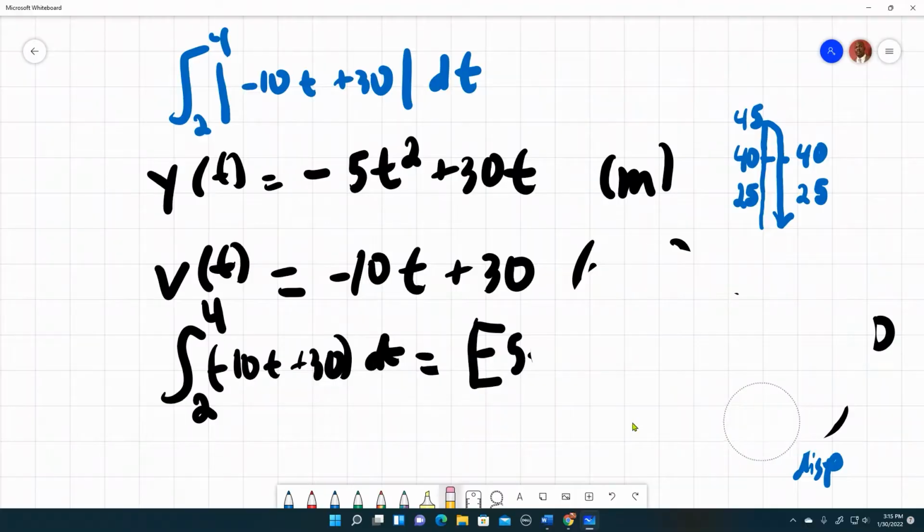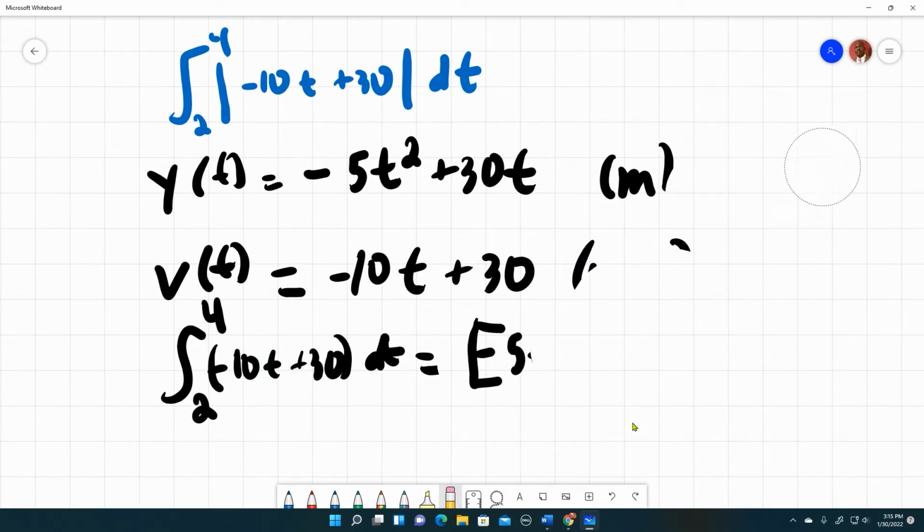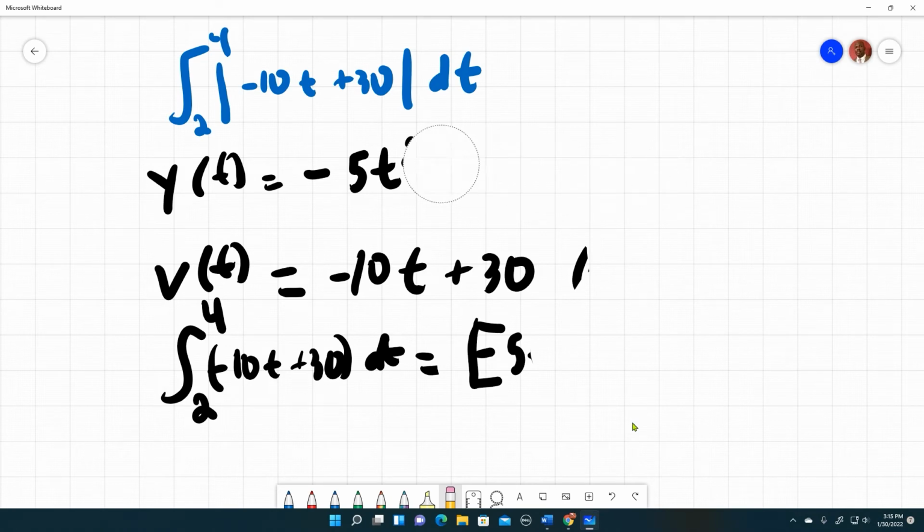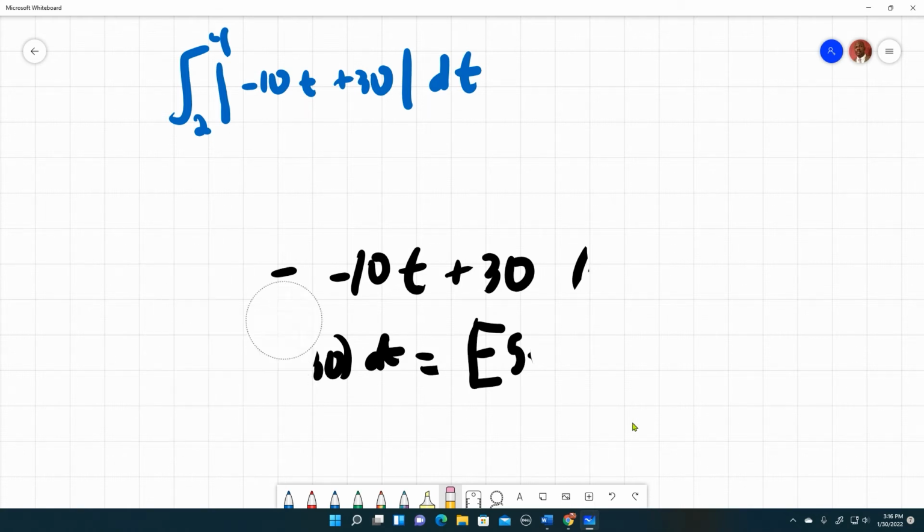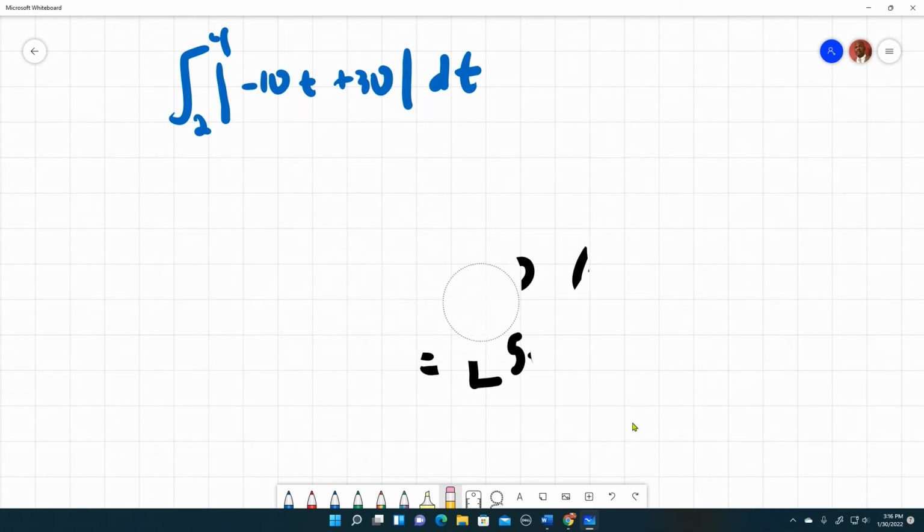So let's get rid of all this stuff here. All right, so truth is, integrating the absolute value of a function is pretty difficult to do depending on the function.